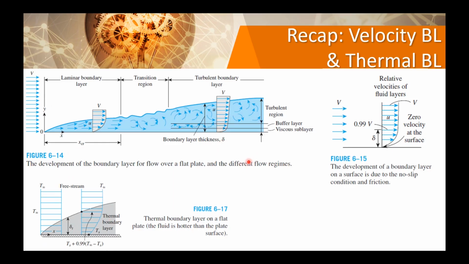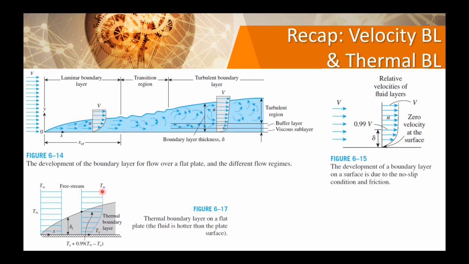Now, this is in particular for the thermal boundary layer, when the shape of the boundary layer, you see, starts with a straight vertical line, and it ends up with an inward curve like this. This is when the free stream temperature is larger than the surface temperature. You see, the free stream temperature is high here.